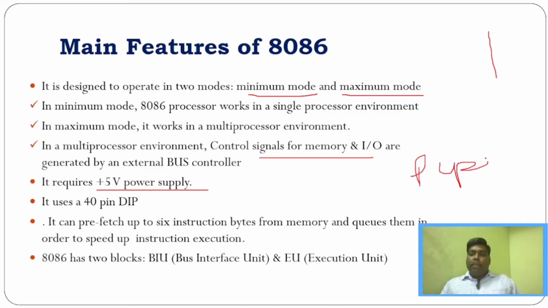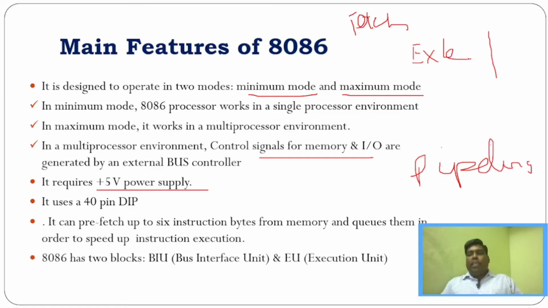You know what pipelining is? To speed up the operation of the processor, we go for pipelining. We normally know that there will be a fetch phase and an execution phase. Fetch phase is nothing but fetching the instruction from the memory, and after fetching, the processor will execute that instruction.